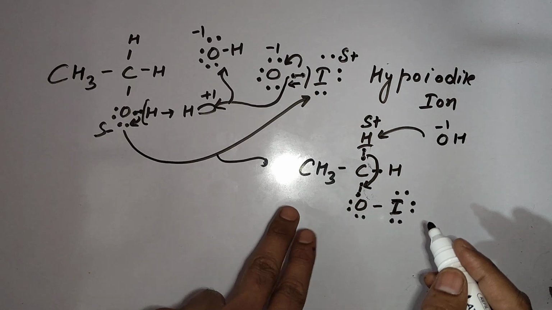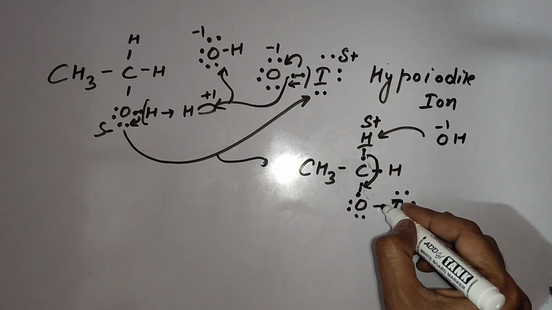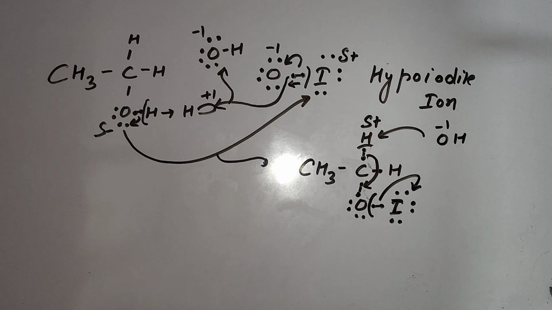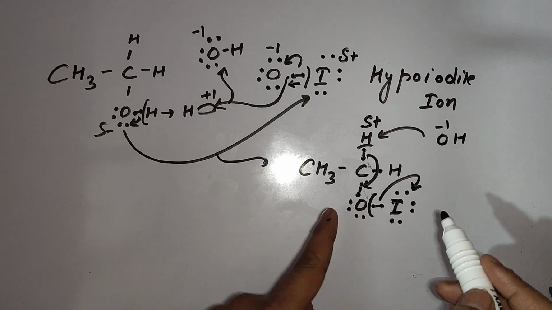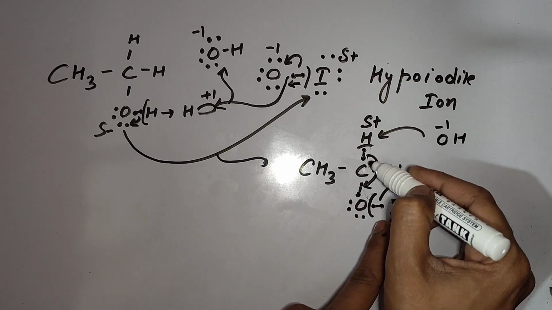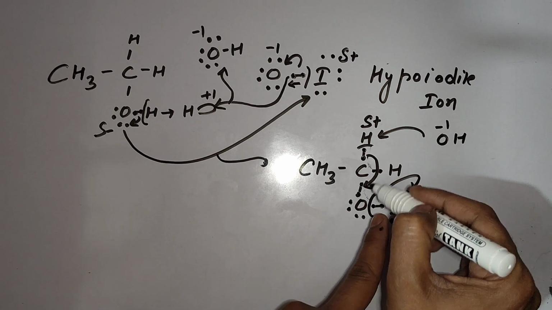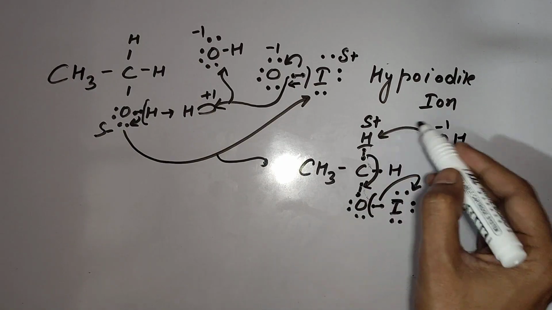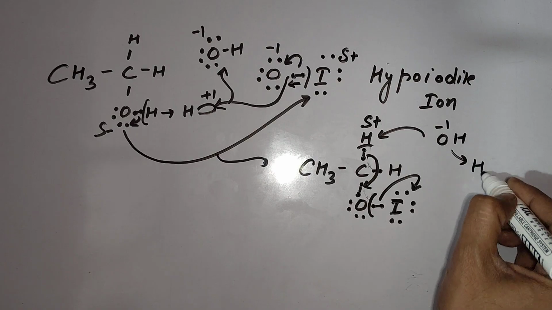And we know oxygen is stable with 2 bonds, so this bond will release, will break like this, and these electrons will go toward iodine because carbon is providing these electrons here. So due to repulsion, that iodine will release out. From here H2O will be generated.